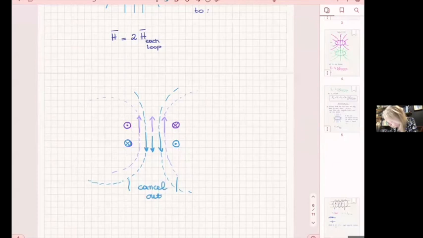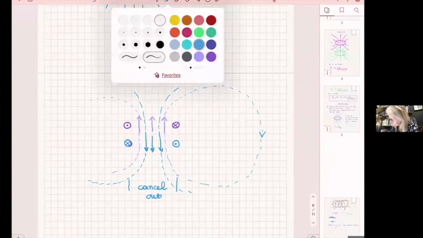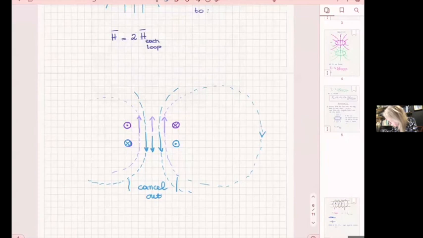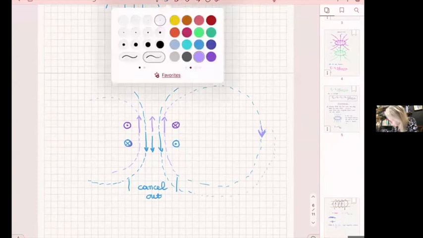And out here, of course, they are very far away. But when this comes here, it's going to be like that. The magnetic, excuse me, the purple, and of course the magnetic field. And when this one comes here, they're going to cancel out as well. It's going to be like this.